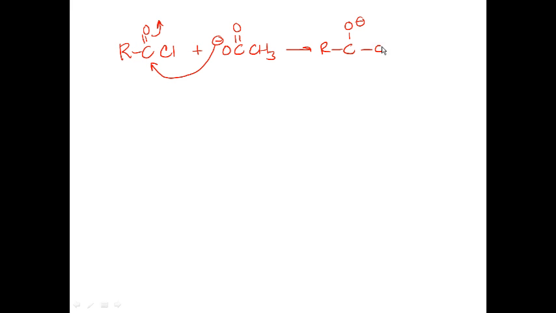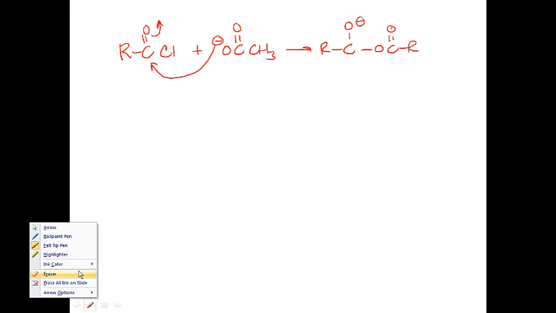I want to make an anhydride. So let's take my acid chloride, and the simplest reaction would be to react this with an acetate. Where did this come from? This is a deprotonated acetic acid, or any deprotonated carboxylic acid. This comes in, adds to that carbonyl.